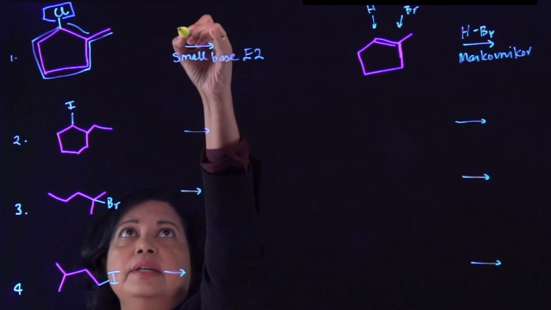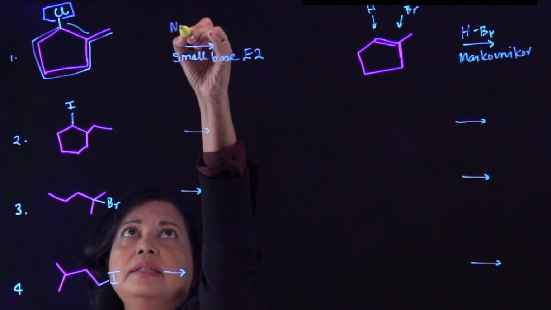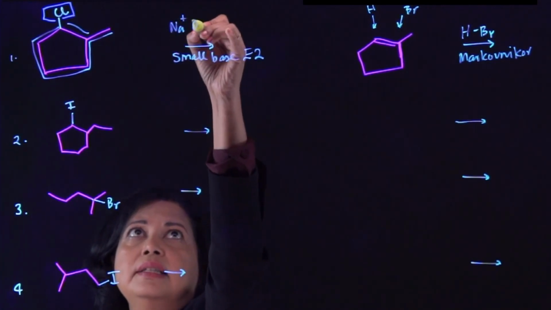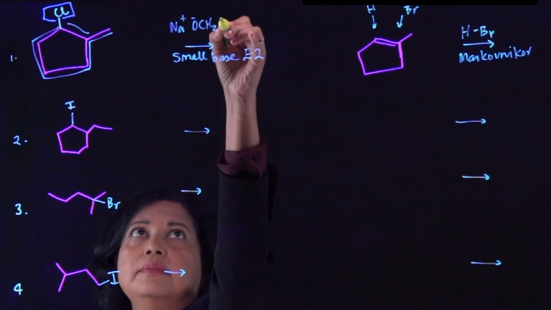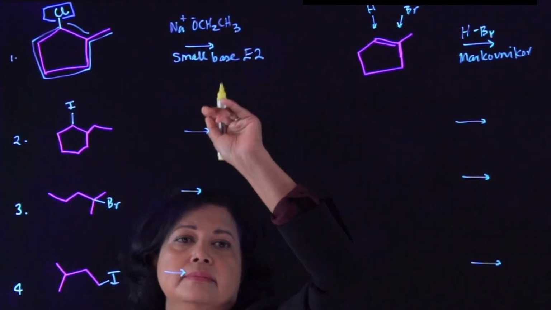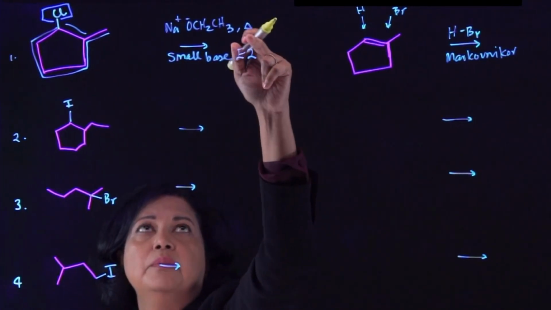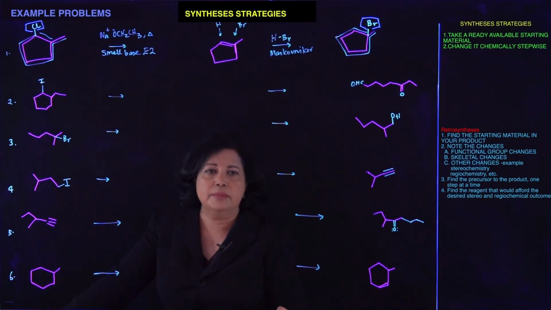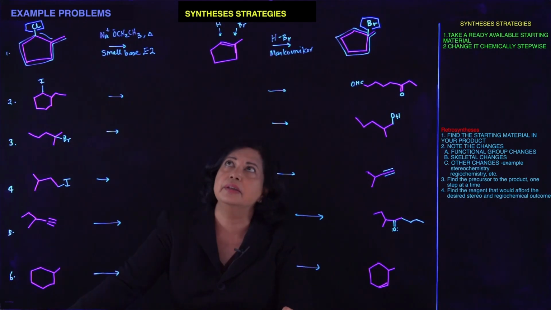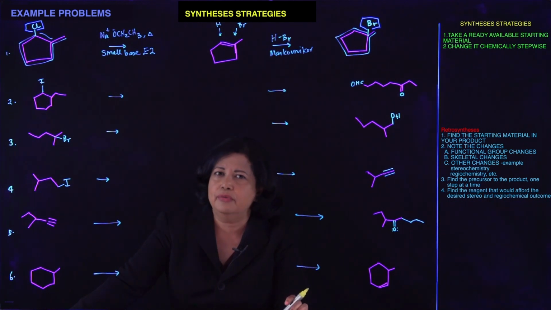And so that is going to be, let's say, sodium methoxide. That's one of the most inexpensive bases out there. Heat. E2, you want to get more elimination than substitution. Heat it up, you're going to get more elimination. All right, so that kind of gives you a little flavor of how we handle synthesis.